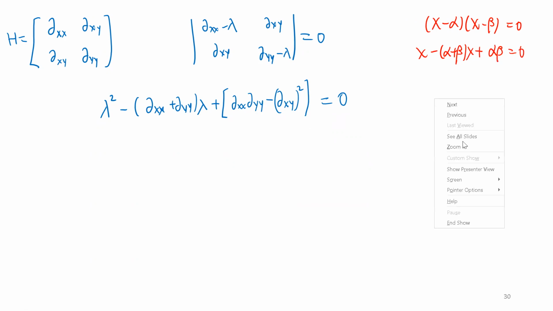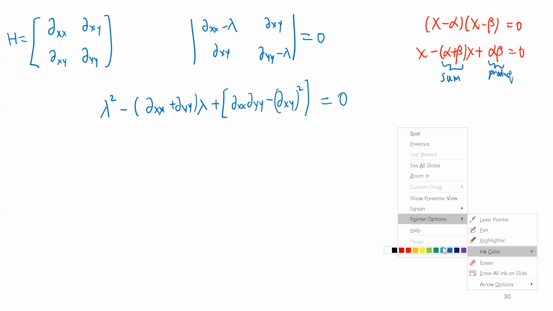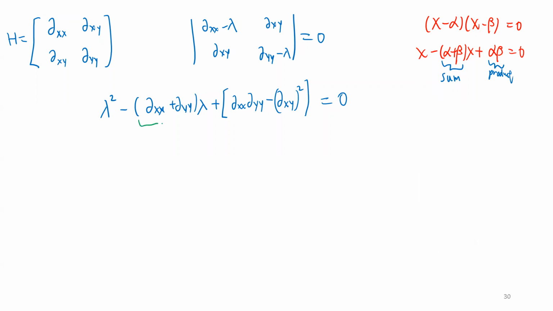The coefficient in front of this x is the sum of roots, and this one is the product of roots. So over here, this is the sum of roots, and this is the product of roots. Let me call this S and call this P.